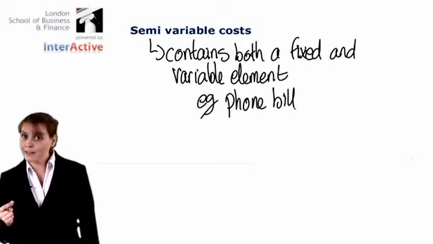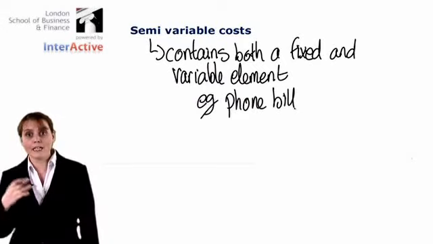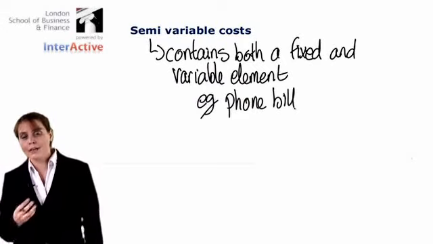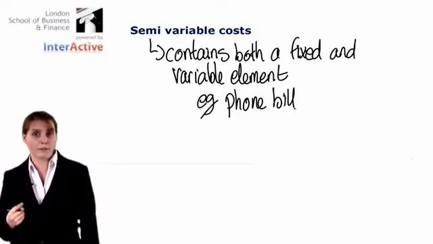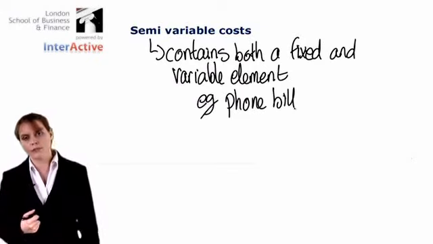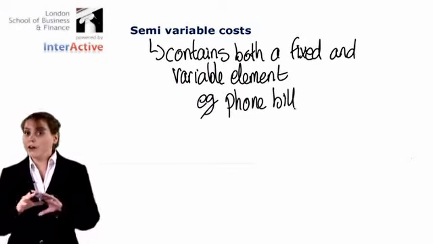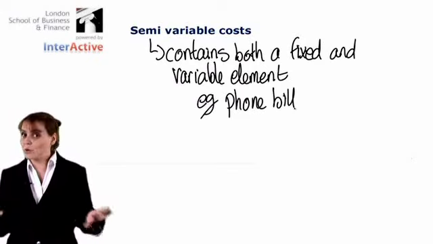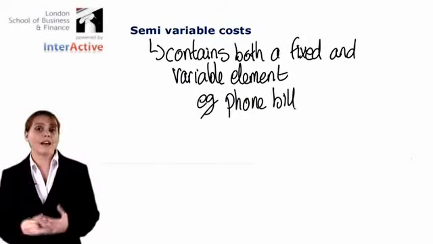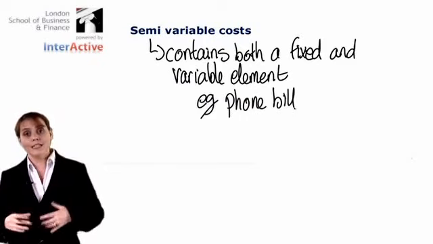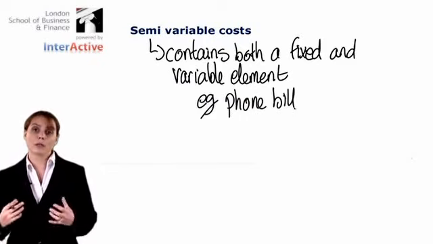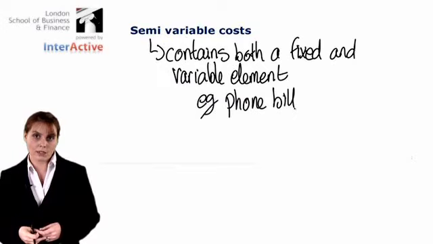That is a variable cost. If I make a lot of telephone calls, that part of my phone bill is going to be very, very high because I'm paying per minute I spend on the phone. But if I don't use my telephone at all during the month, I'm going to have to pay the flat fee, but I don't have to pay the additional cost per call or per text message.